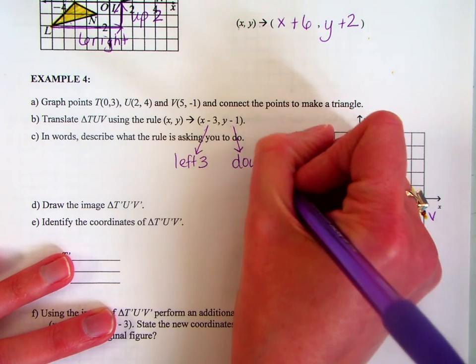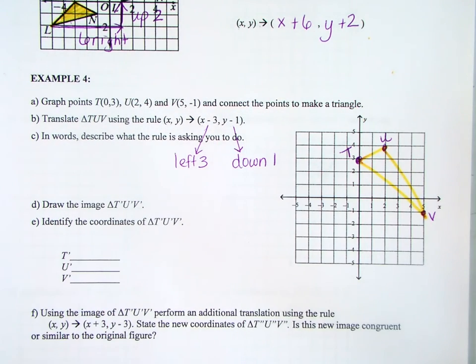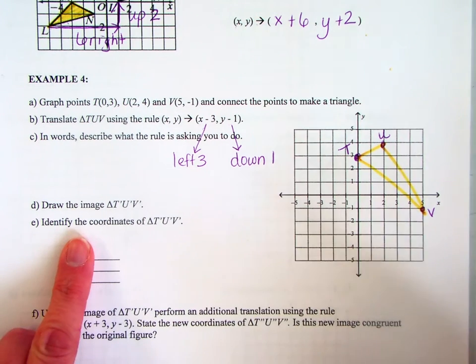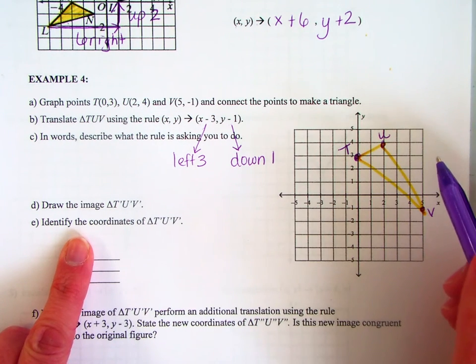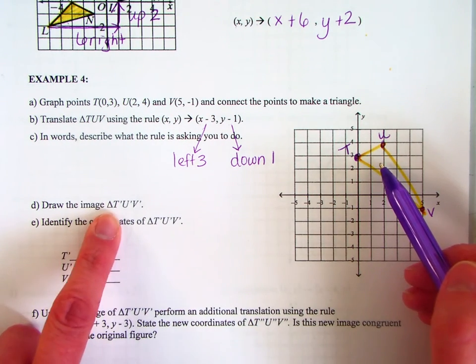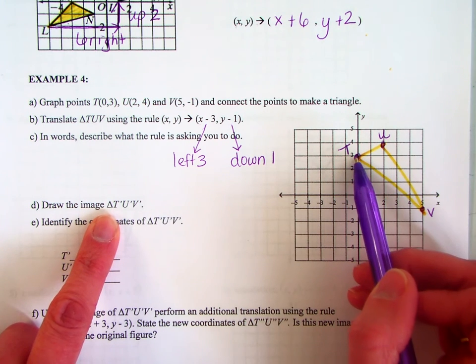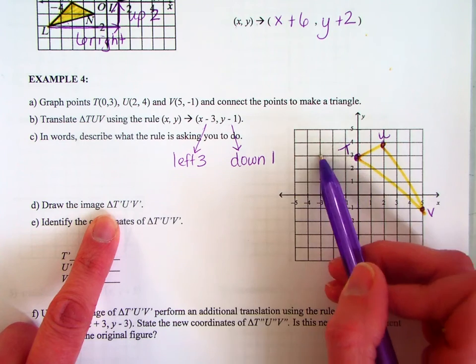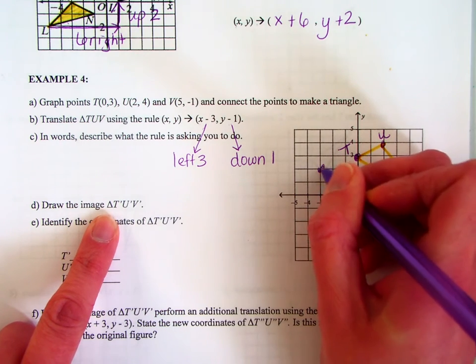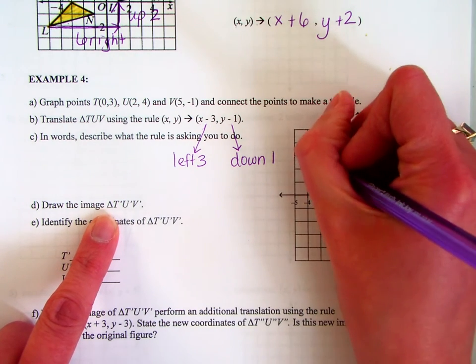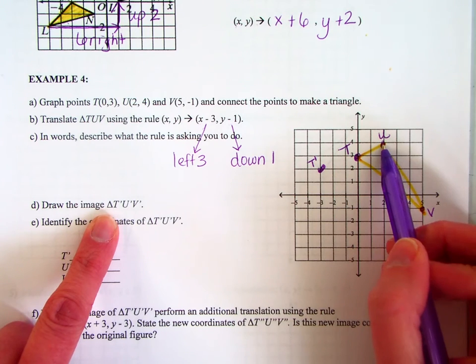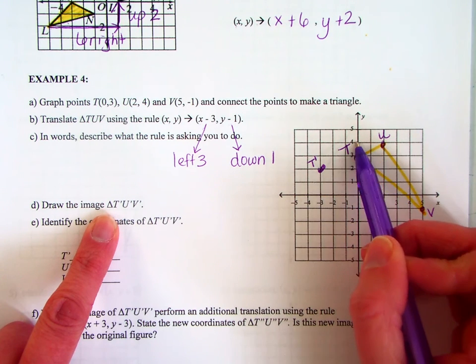All right, so let's go ahead and do that. We're going to take each one and go left 3, down 1. And that'll be our T prime. Left 3, down 1. Kind of close to each other here.